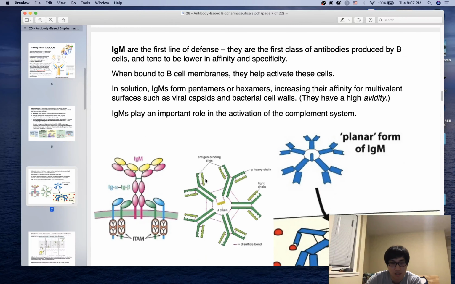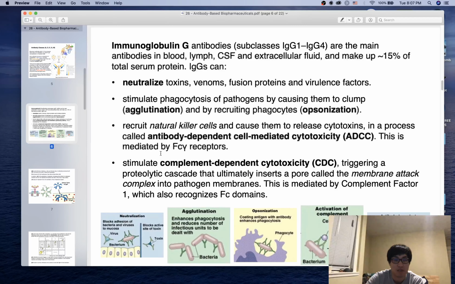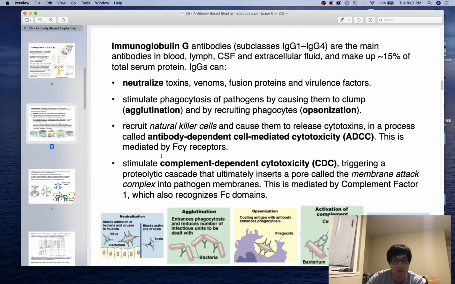Then here, all the different kinds of immunoglobulin. I don't think those are really important, but what you should know is what the Fc gamma receptor is.